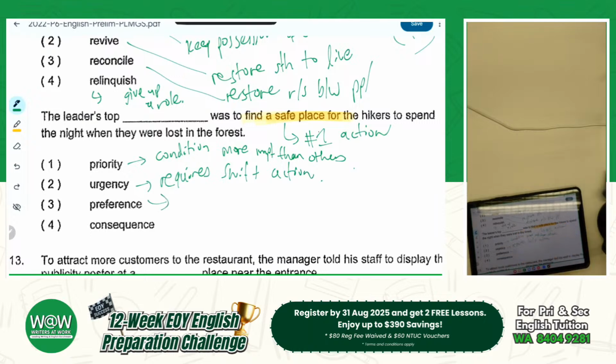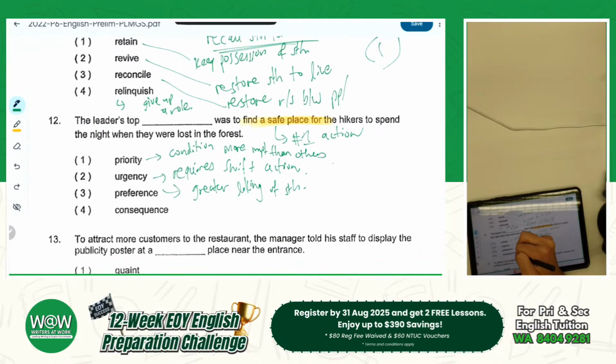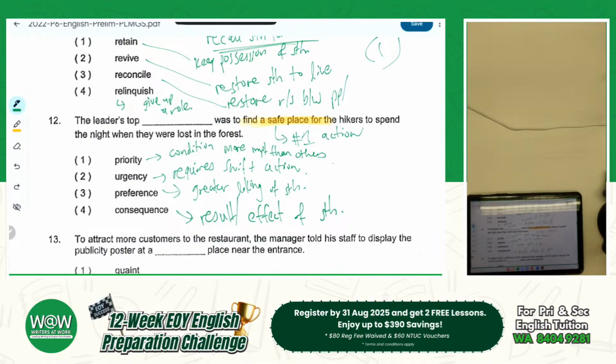Preference means that you have a greater liking of something. Okay, and lastly, we have consequence, which means a result or effect of something. Okay. So in this case here, my answer would be number 1 priority.